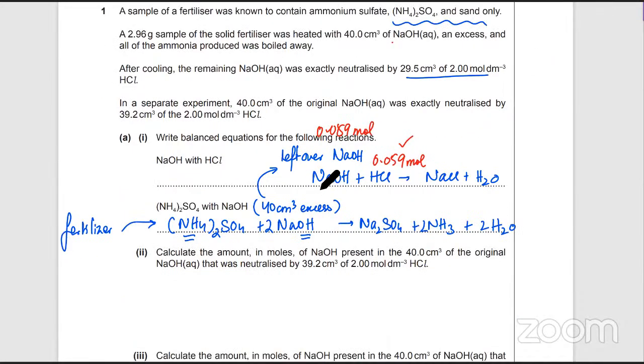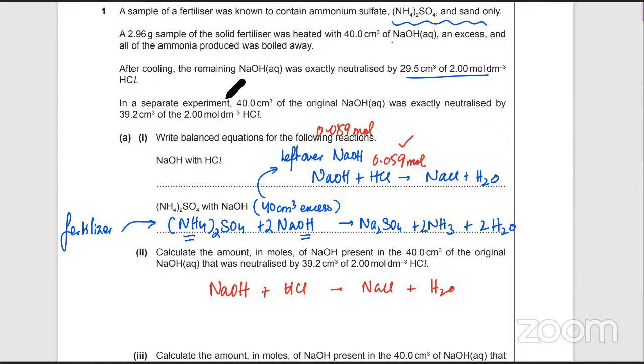As he then states, the original 40 cm³ of NaOH, in a separate experiment, this original NaOH that you added over here was neutralized by HCl, and its reaction will be the same. It's going to be NaCl plus H2O.